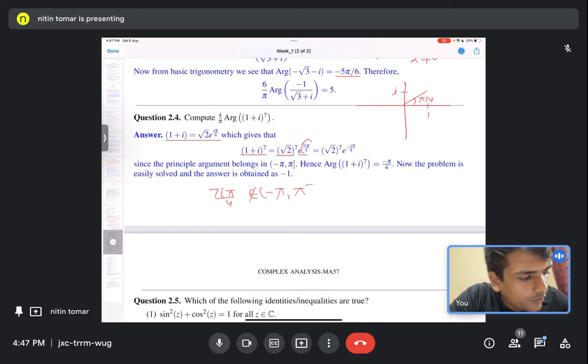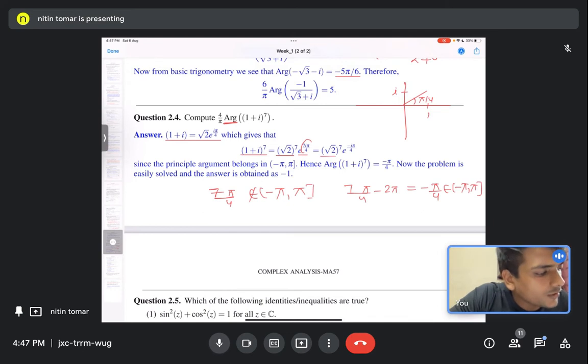We have been asked about the principal argument, which belongs to minus pi to pi, so you subtract 2 pi and you get minus pi by 4. The angle is the same when you add or subtract 2 pi.